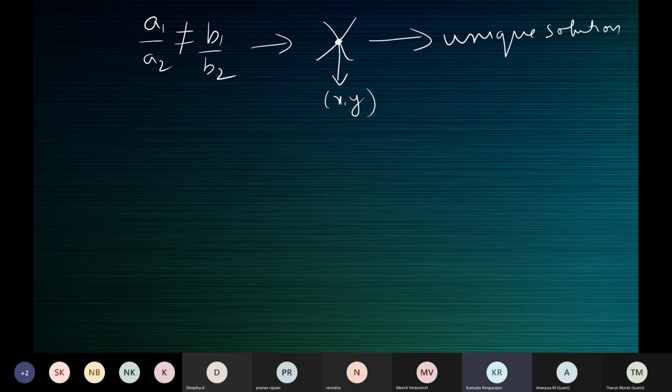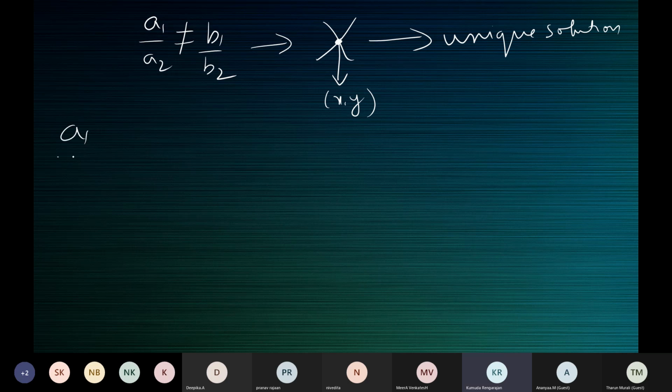So when A1 by A2 is not equal to B1 by B2, the two lines will intersect, and the point of intersection will have some address, something like 3, 2 or minus 5, 10. That is the solution. So it's only one solution, a unique solution.